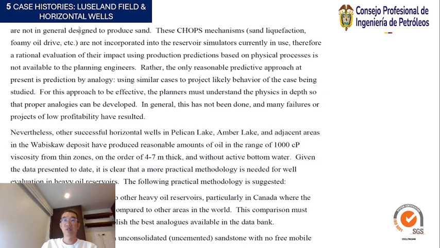This CHOPS mechanism, sand liquefaction, foaming oil drive, etc., are not incorporated into the reservoir simulations currently in use.